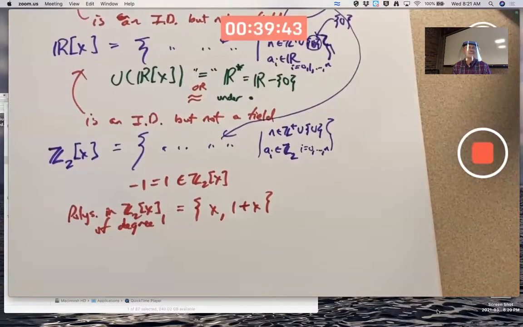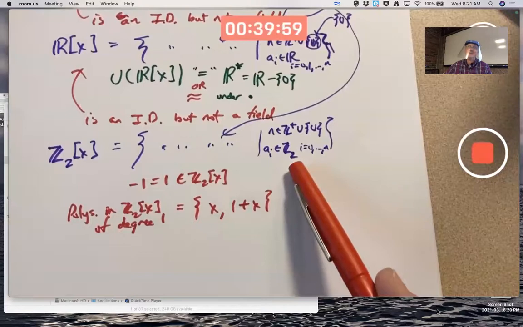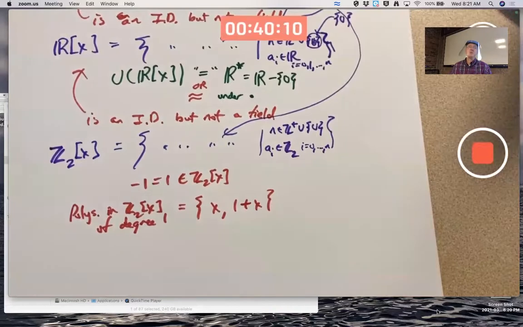Because things like 7 plus x are really one of these when you mod by 2. 7 plus x would be the same as 1 plus x. Maybe that's not the best way to think of it. I'm restricting the a's to be in Z2 anyway, so I really shouldn't even bother ever saying 7 plus x. Though when we multiply, sometimes we have to do the modding by 2 in the calculation.